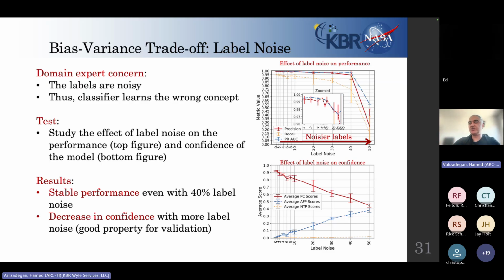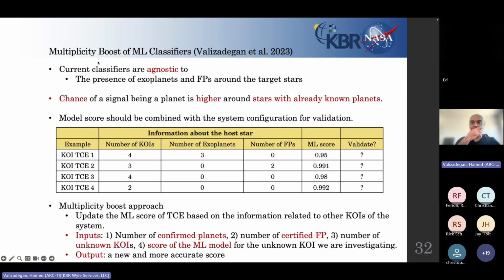That's the main concept for the domain scientists, called Kepler object of interest. Again, we show that even with 40%, the model is very robust to the label noise, but again it reduces the confidence, and again it's because of the bias variance trade-off.